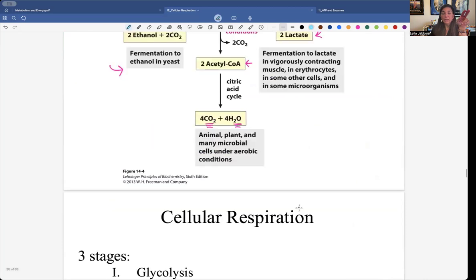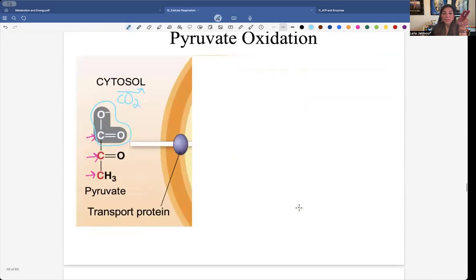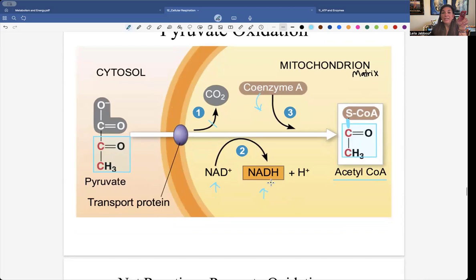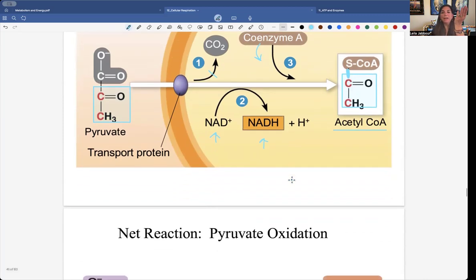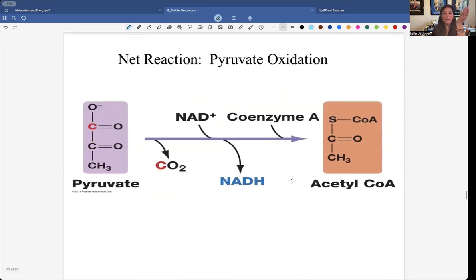But look at this. For every pyruvate, we have an NADH made. So for every 2 pyruvates, because that's what we have at the end of glycolysis, remember, 1 6-carbon molecule gives off 2 3-carbon molecules. So really, in the end, for every pyruvate, we get an NADH. So we have 2 NADH made.